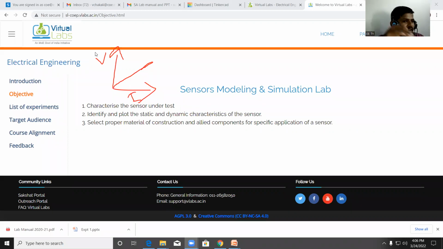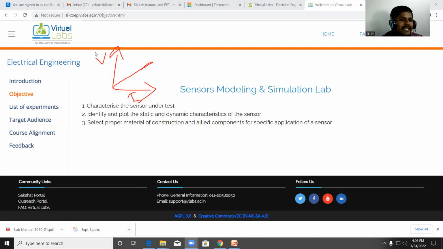That means first of all, defining at room temperature how much resistance there is. Next, we are increasing the temperature. At that situation, what is the value of resistance? So we are taking 4-5 readings. After that, we are plotting a graph. That means it is the characteristics, right? We obtain the characteristics, or characterize the sensor, under some test condition.